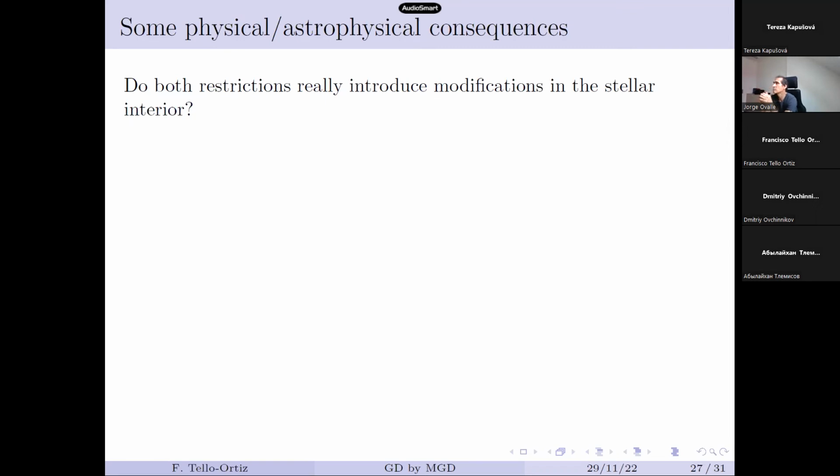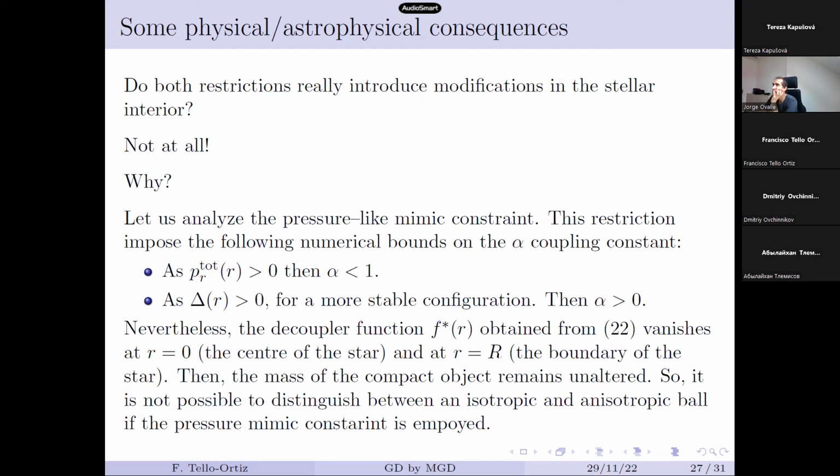As you can see, there are some consequences independently of whether you are using the pressure mimic constraint or the density mimic constraint. But the question now is, do those restrictions really introduce modifications in the stellar interior, in the case you are studying stellar interiors, for example? And the answer is not at all. Not at all. Why?